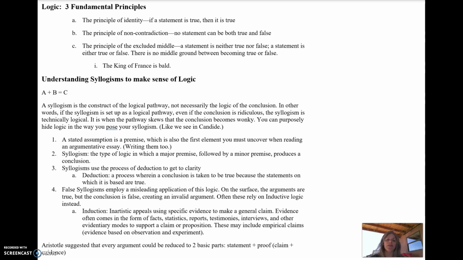Often these rely on the inductive logic instead, and induction is generally, not always, but generally, because there's definitely value in using inductive logic, but induction in writing relies on inartistic appeals using specific evidence to make a general claim. So evidence often comes in the forms of facts, statistics, reports, testimonies, interviews, and other evidentiary modes to support a claim or proposition. And these may include empirical claims, which is evidence based on observation and experiment.